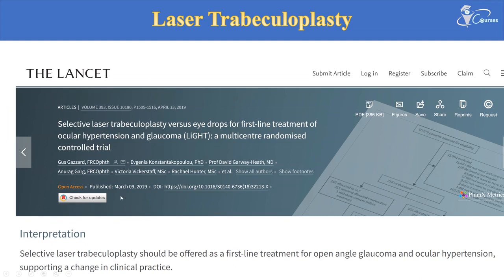It found that selective laser trabeculoplasty should be offered as a first-line treatment for open-angle glaucoma and ocular hypertension. This is a paradigm shift in the management of glaucoma. For decades, we were giving the patient bottle therapy, 1 or 2 or 3, increasing to the maximum tolerated medical treatment. But this study showed that you can start with laser as a primary treatment and it will give the same effect.